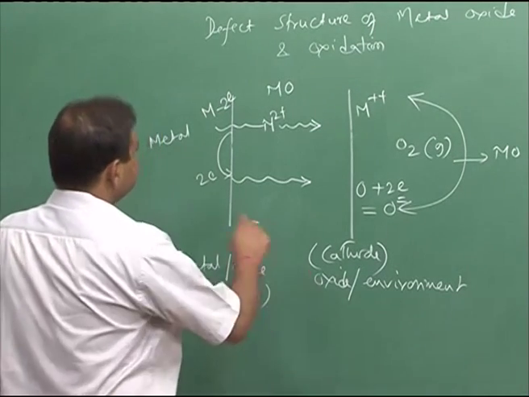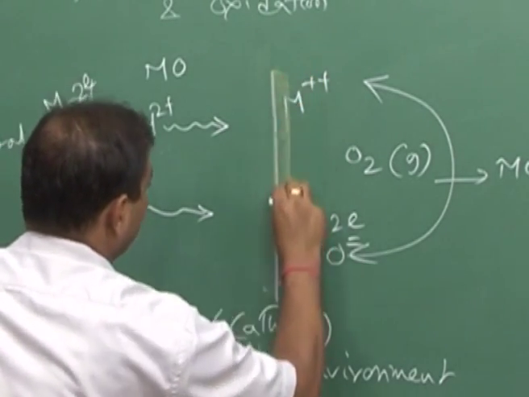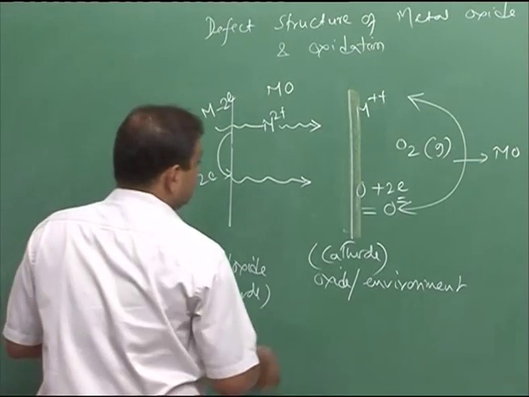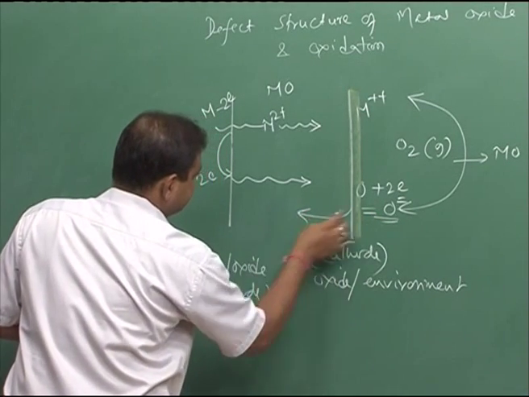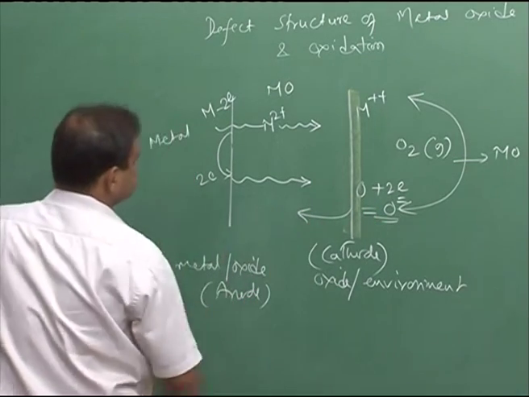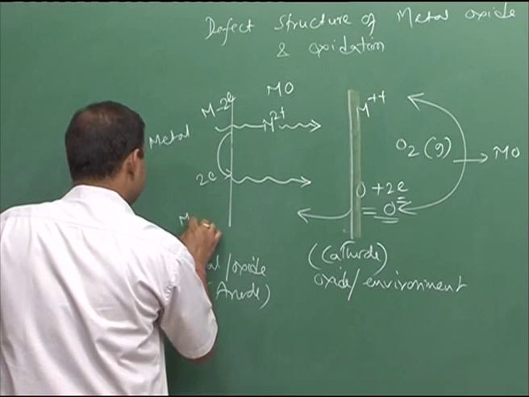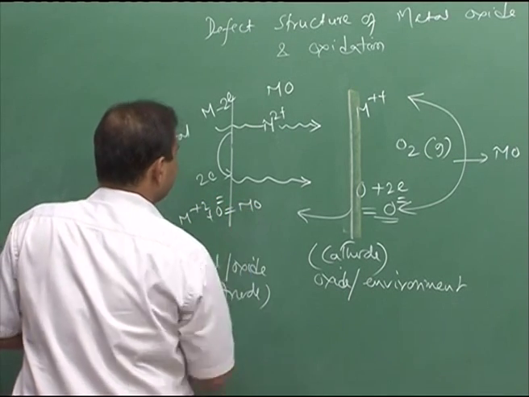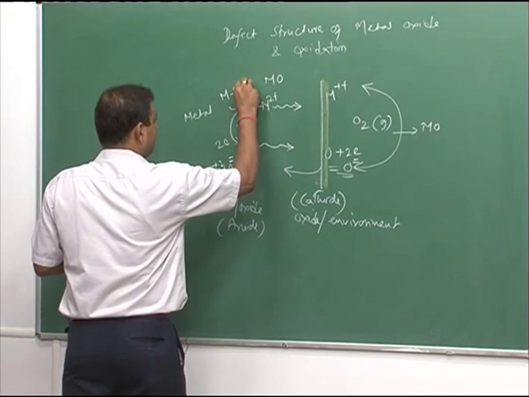Now, in this case oxide growth will take place on this end, but if the other way around, if the oxygen ion transmits through this oxide layer and comes here, and then M2+ and O2- react and form MO, the oxide growth will take place on this end.